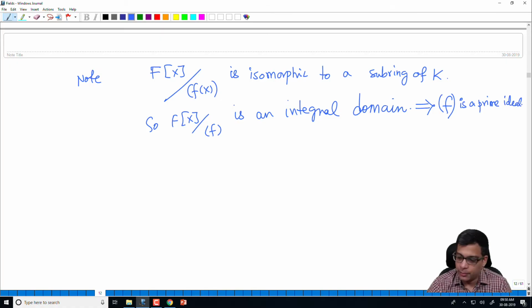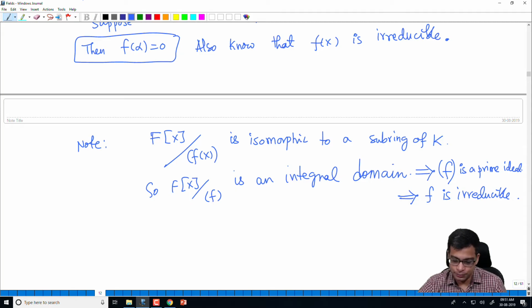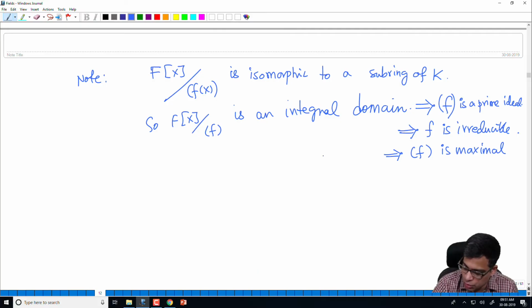The ideal generated by f is a prime ideal, but this means f is irreducible. So in a PID, if you have a prime ideal, it is generated by a prime element, which is actually an irreducible element. So f is irreducible. So that is the explanation for my statement here. f(x) is irreducible. But if f is irreducible, the ideal generated by f is actually maximal. Of course, we are using here that f is non-zero.